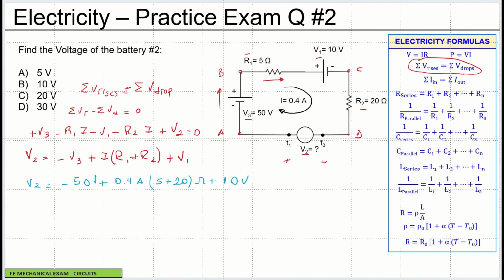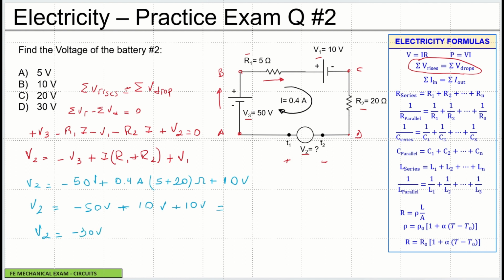If I calculate the numbers, minus 50 volts plus 10 volts plus 10 volts, V2 equals minus 30 volts.